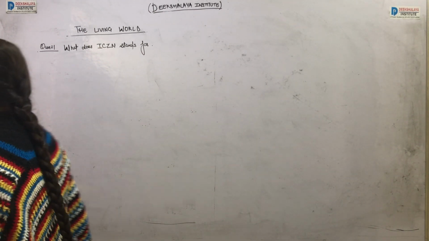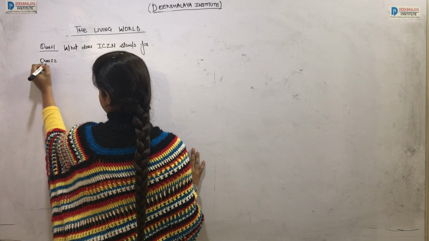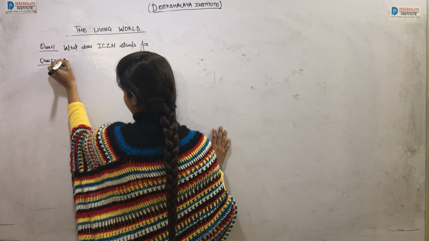Second question, amoeba multiplies by mitotic division.